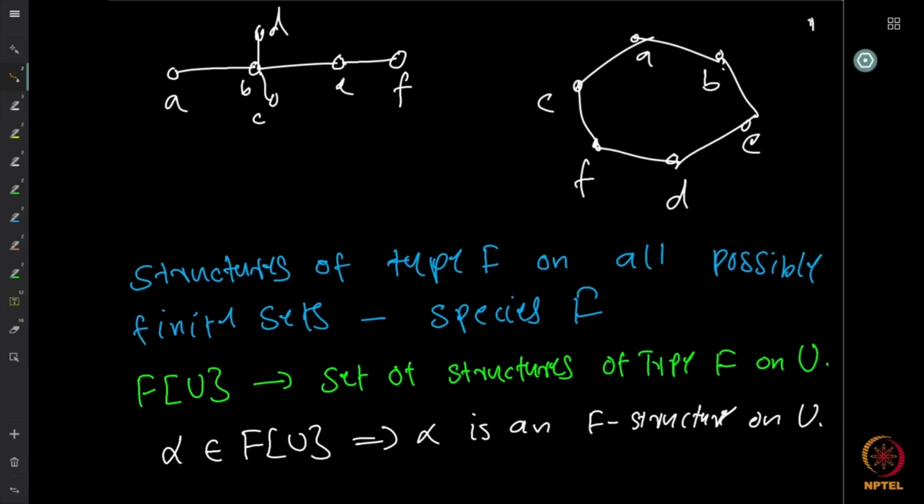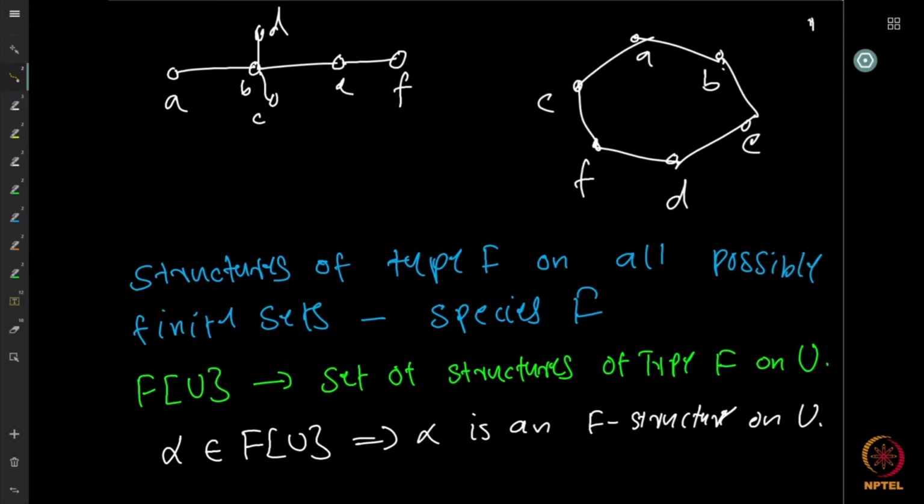So if you decide that we are going to have only trees, then we say structures of type trees. So I can say that for any type of structure that we are looking at, let's say F, then you look at all possible finite sets, right?